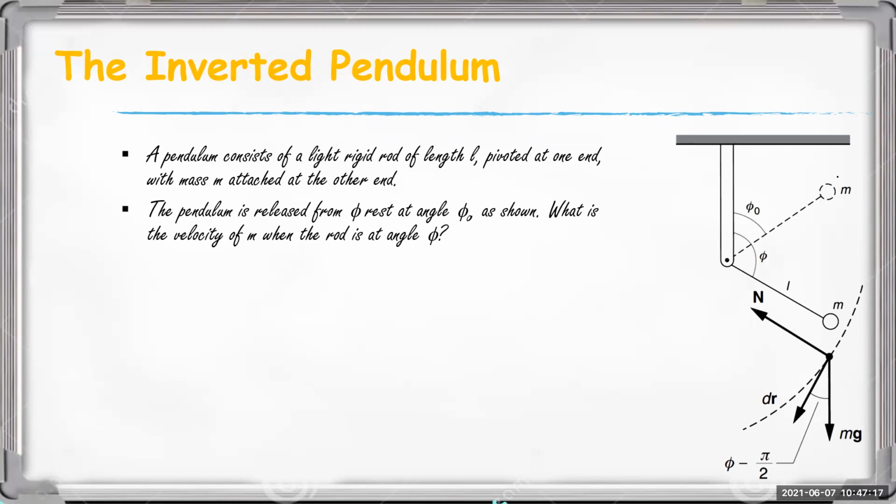At that point, it is at rest and it is released. Then, after some time, it reaches an angle phi. We have to obtain the velocity of the mass m when the rod is at an angle phi.